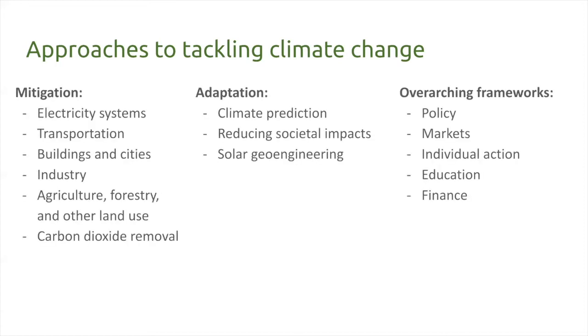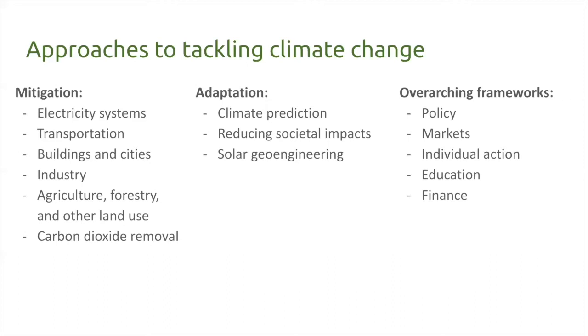So within mitigation and adaptation, there are a couple of different sectors or areas that we tend to look at as where we would actually implement these kinds of actions. For mitigation, you'll see a couple of familiar friends from the sectors part of the greenhouse gas emissions diagram I showed earlier.